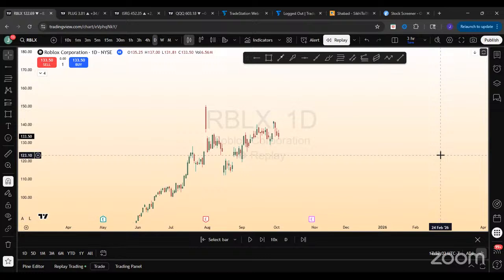What is a day trade? If you open something in the morning and close before the market closes, that's a day trade. Whatever is not a day trade is a swing. If you open today before the market closes and hold it overnight until tomorrow morning, that's technically swing trading. By definition, yes.